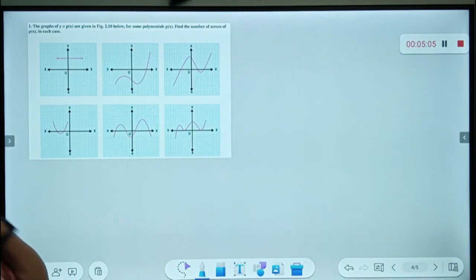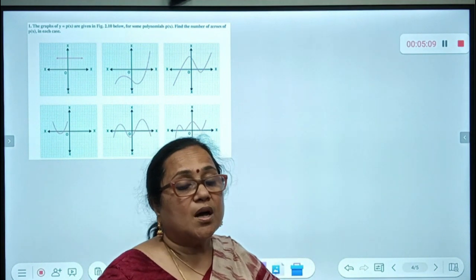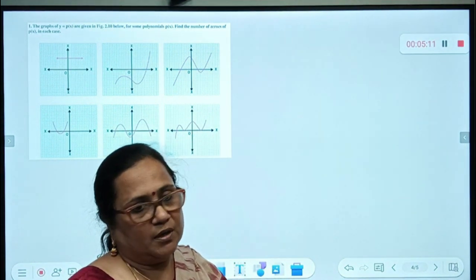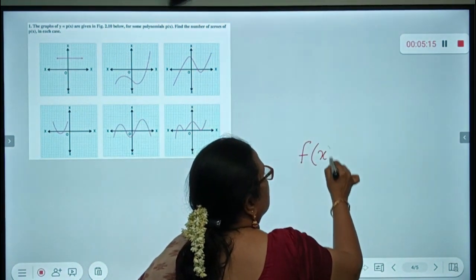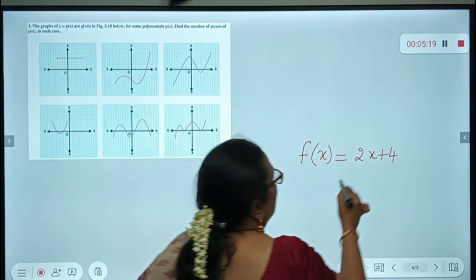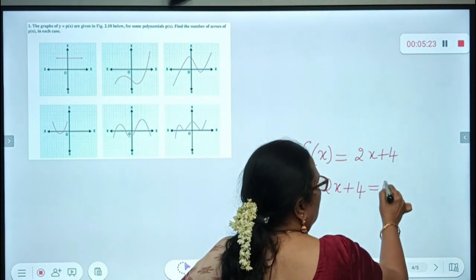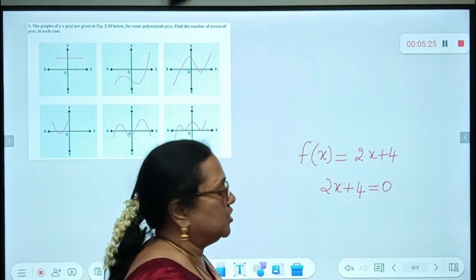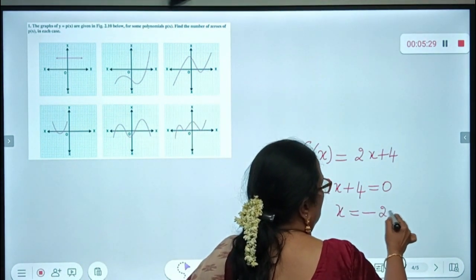I want you also to understand now what we mean by roots and zeros of a polynomial. For example, if I have f of x equal to 2x plus 4, when I put 2x plus 4 equal to 0, it becomes an equation, in which case x will be minus 2.